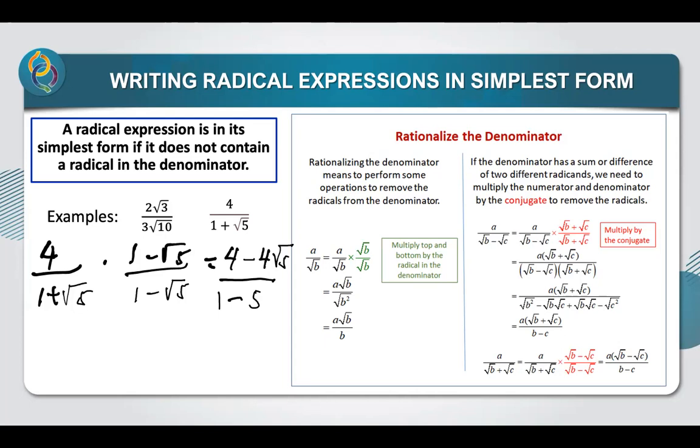Actually, I should have the one at the bottom as a minus 4. Perhaps it's better to do this first before we distribute. Let me erase that.